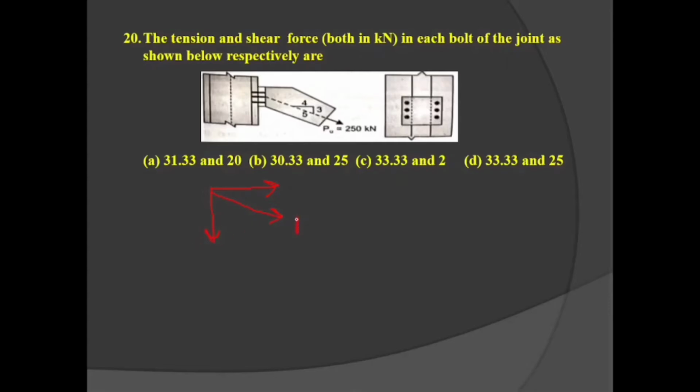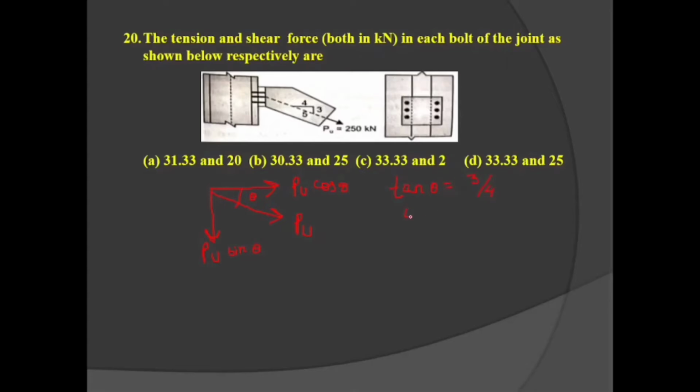If this is Pu, and this is theta, then this will be Pu cos theta, and this will be Pu sin theta. Here the distances are given. So tangent of theta is equal to perpendicular divided by base, that is 3 by 4.